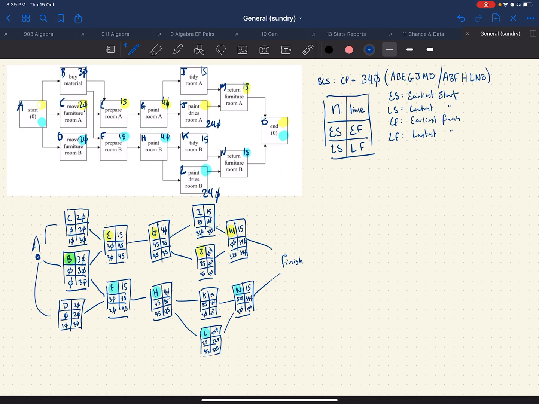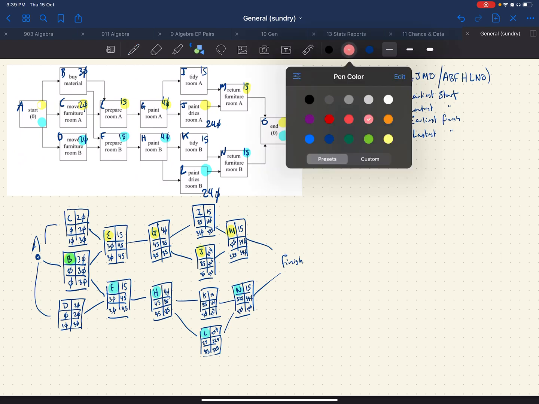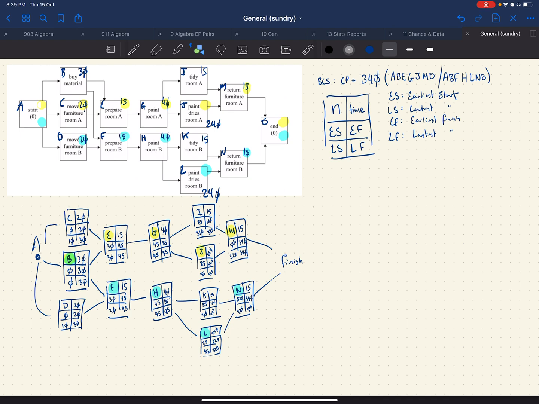The last thing we need to do is to figure out what's called float and the total float time. So what I'm going to do is draw a little bit of a table, let's do it with gray, for all the tasks over here.